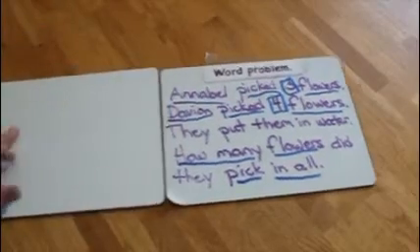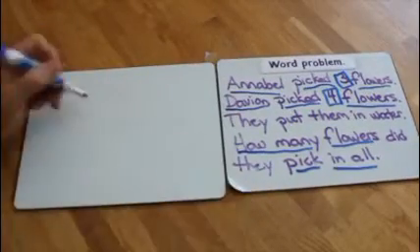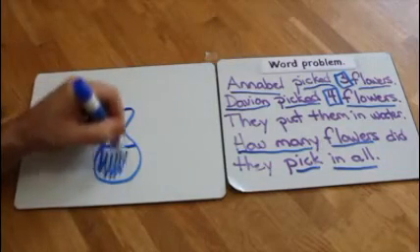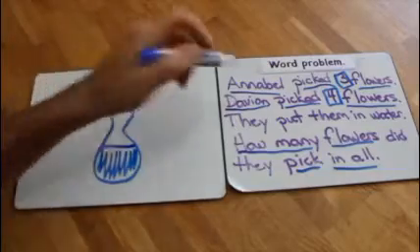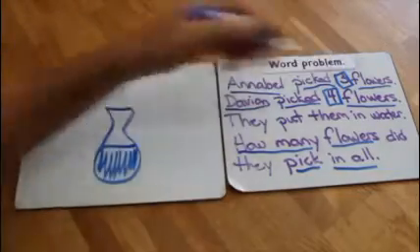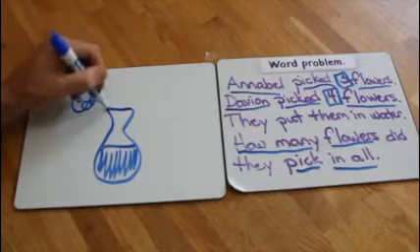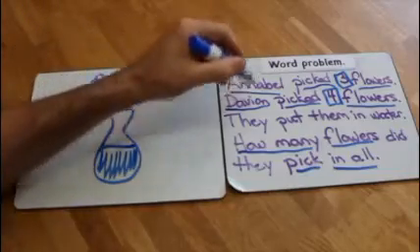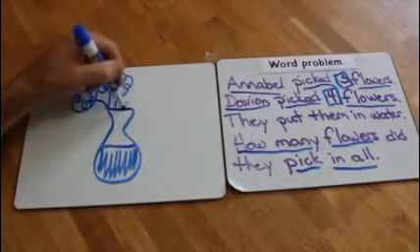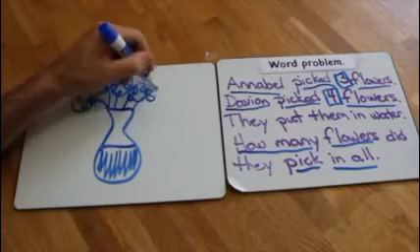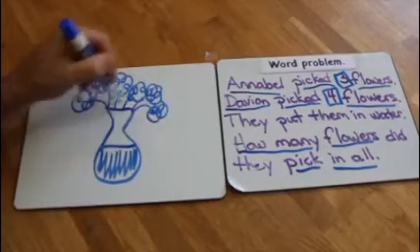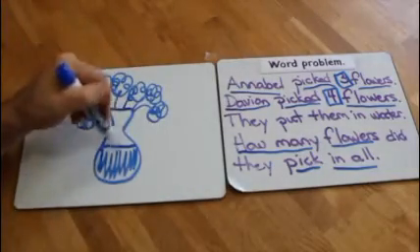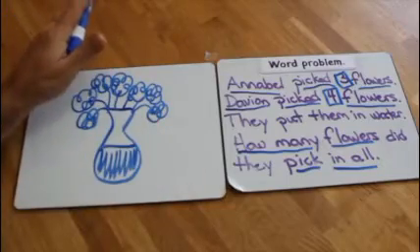And now let's check. Okay, let's get a vase. Let's get some water in it, because that's what they did. They put it in water. Okay, how many did Annabelle pick? She picked 3 flowers. 1, 2, 3. Davion picked 4 flowers. 1, 2, 3, 4. They put them in the water, so they're in the water, keeping them fresh, but that's not important for our word problem.